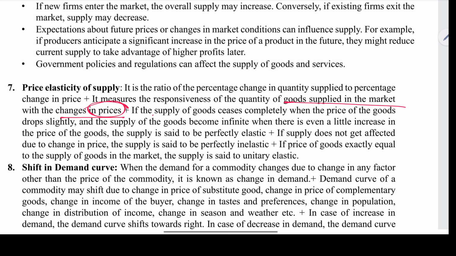If the supply of the goods completely ceases when the price of the goods slightly drops, then the supply becomes infinite when there is a slight increase in the price of the goods. So if the price is dropping, the supply is being cut, and if the price is increasing, the supply becomes infinite.